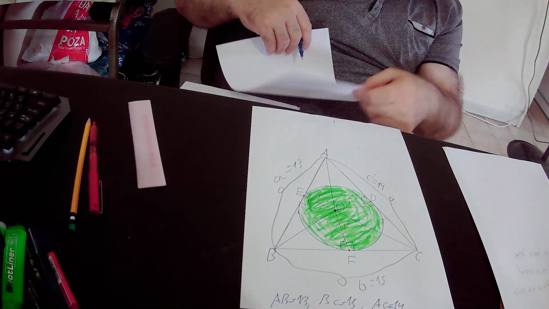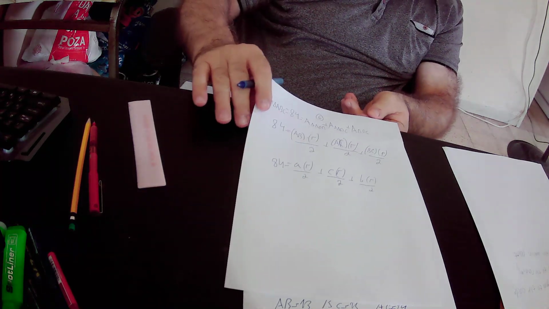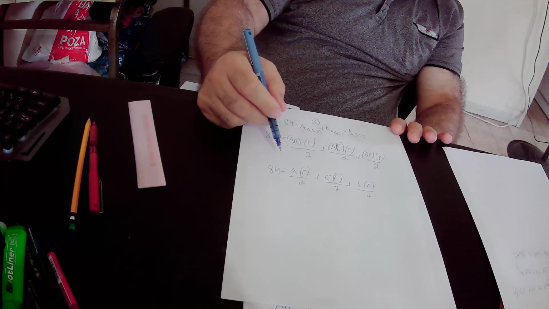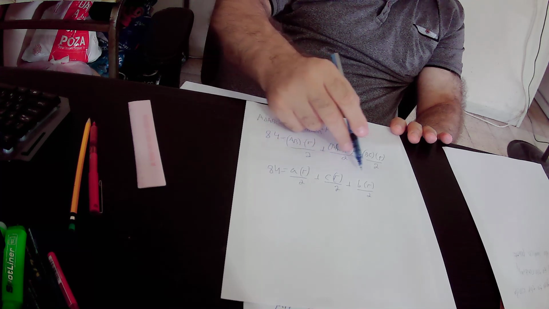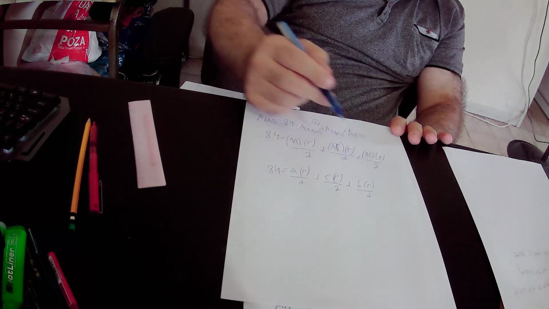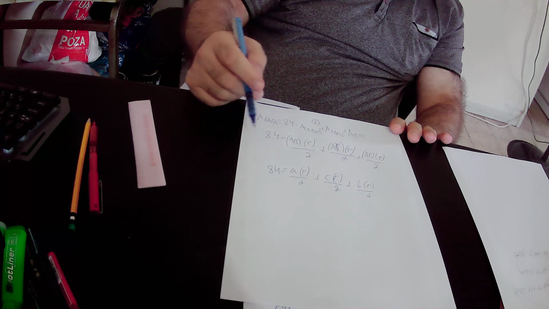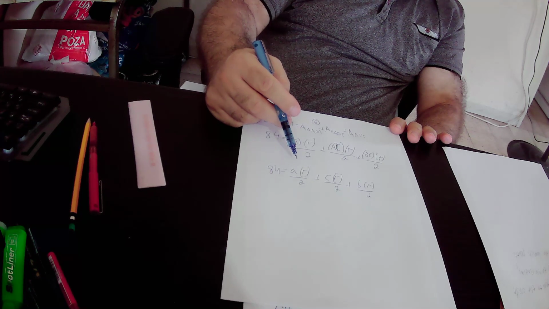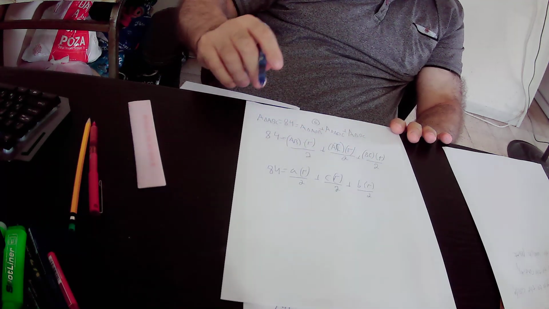So we got an equality that states that 84 equals AR over 2 plus CR over 2 plus BR over 2. Here we can take out R over 2 as a common factor of this expression.